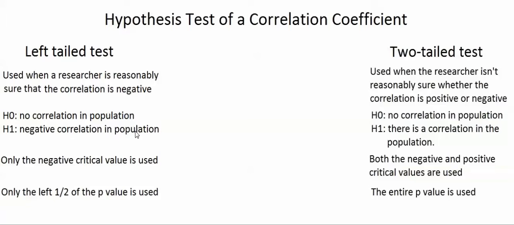So in a left-tailed test, the researcher is reasonably confident that the correlation is negative, and not positive. So these are the two competing possibilities that the researcher is considering. The researcher is trying to decide between these two possibilities. And in a left-tailed test, only the negative critical value is used, and only the left one-half of the p-value is used. And I'll show you what I mean by that.